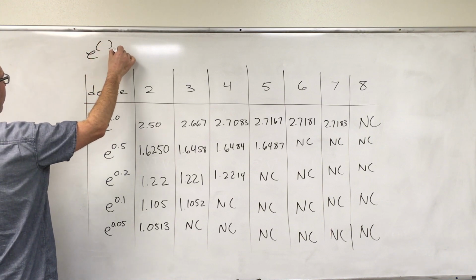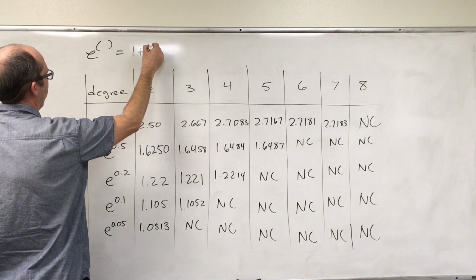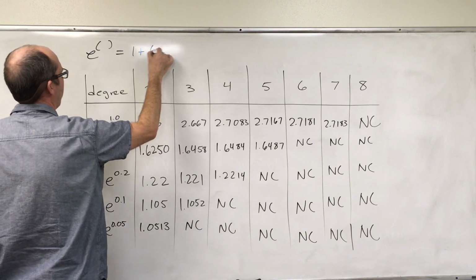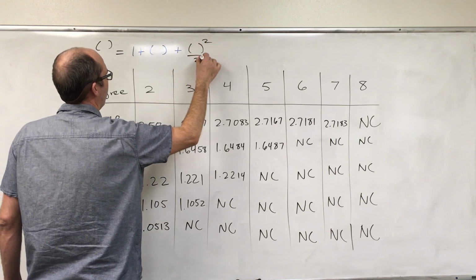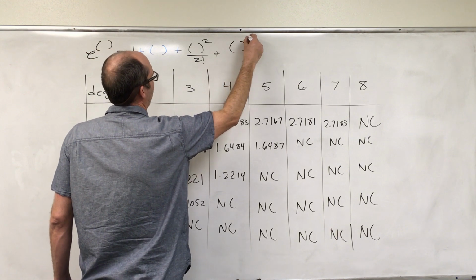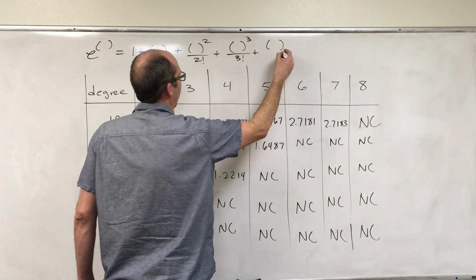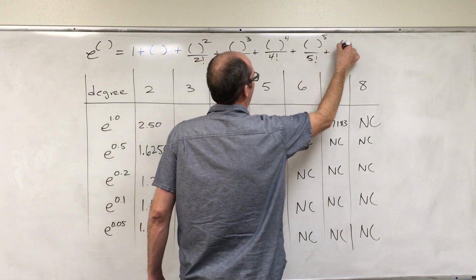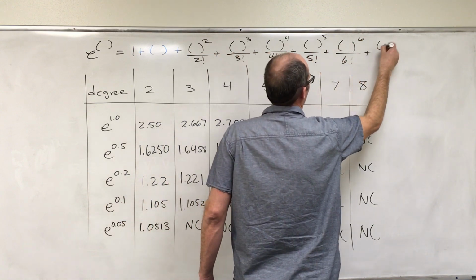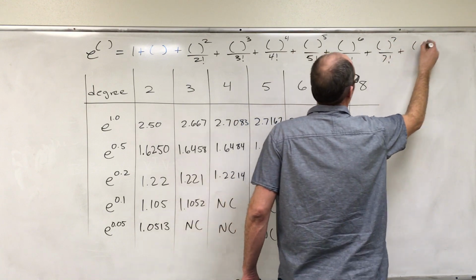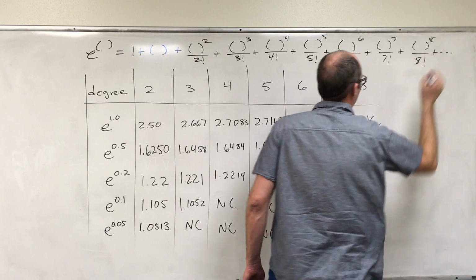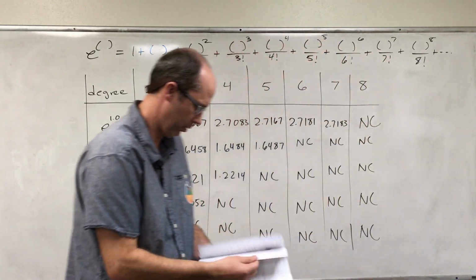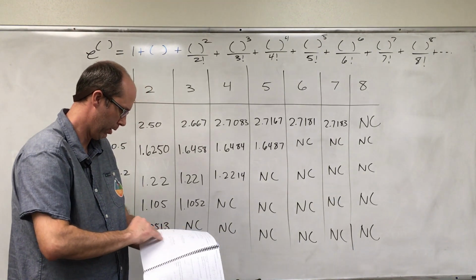e to the whatever, remember this is 1 plus 1 plus 1 plus squared over 2 factorial plus... I'm sure that's correct, but I just want to make sure I don't tell you wrong here, because that would not be good.